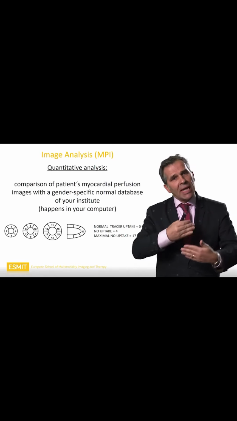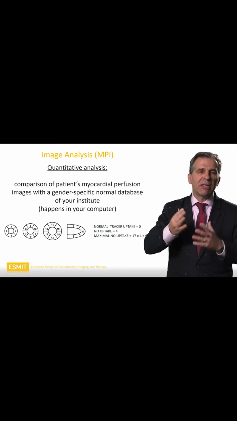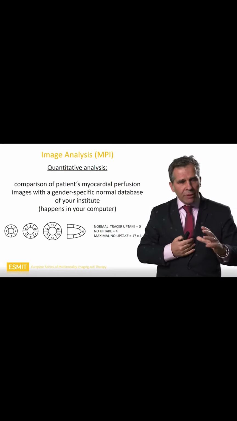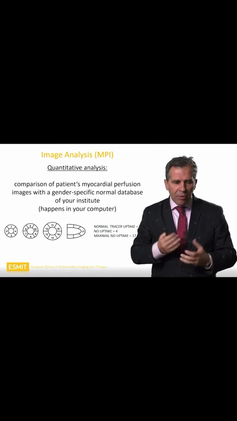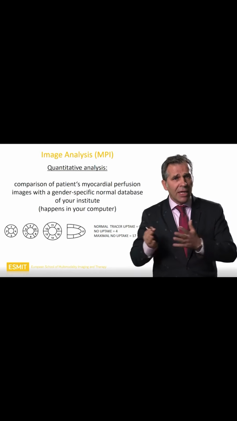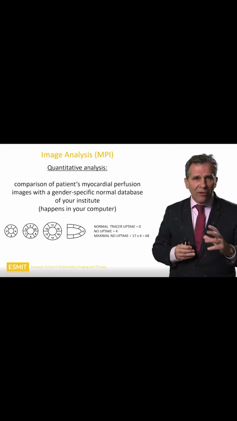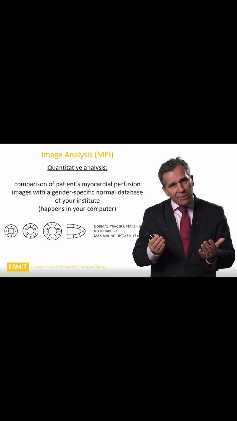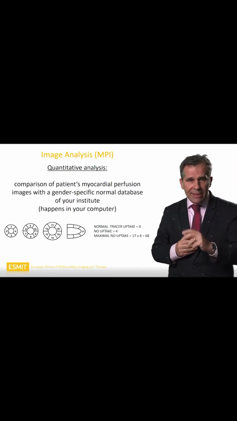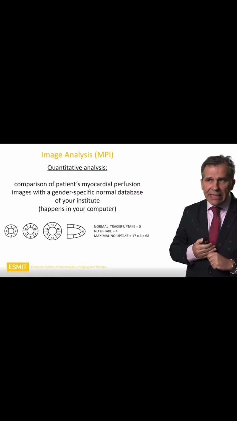But from the visual analysis, now we can move to the quantitative analysis. Maybe semi-quantification is better. Why is it important? Because the clinician, the cardiologist, wants to check the different modalities: echo, MRI, and nuclear cardiology. And they know exactly how to detect what we call the 17 segments on the left ventricle, from the apex to the base, and also we can check the apex, what we call segment 17.